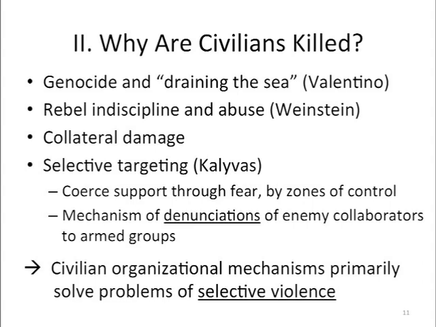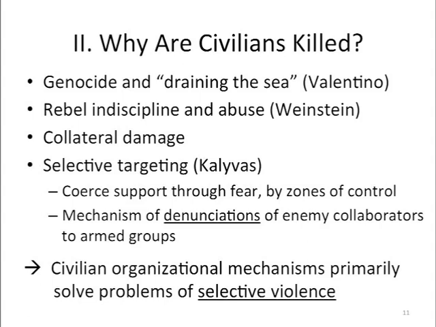And then another form of violence, which has been presented by Kalyvas, is selective targeting or selective violence. Here, rebel groups, governments, or paramilitary groups use violence to coerce civilians through fear, according to where they have the most control.